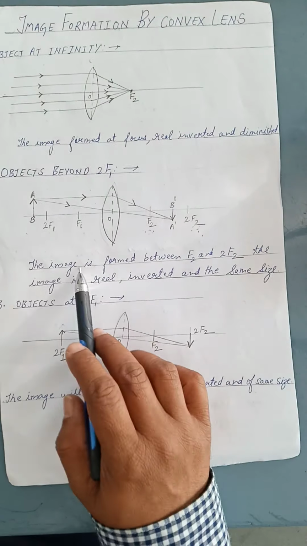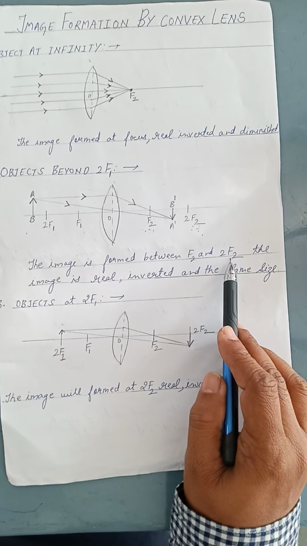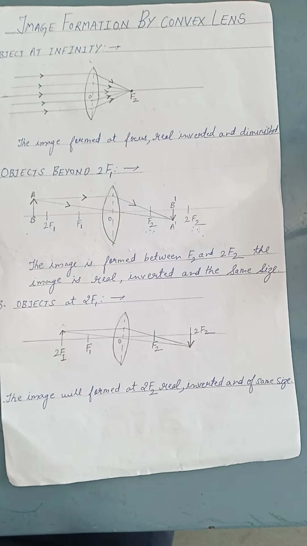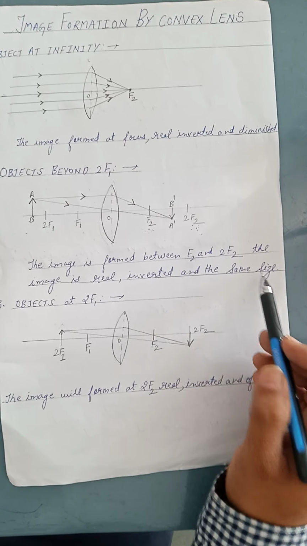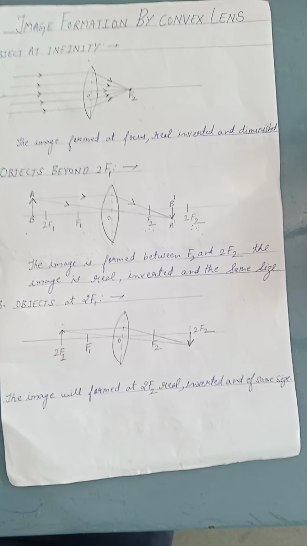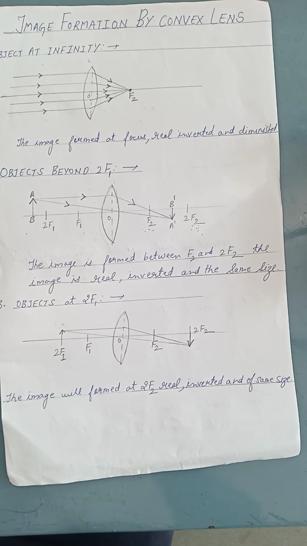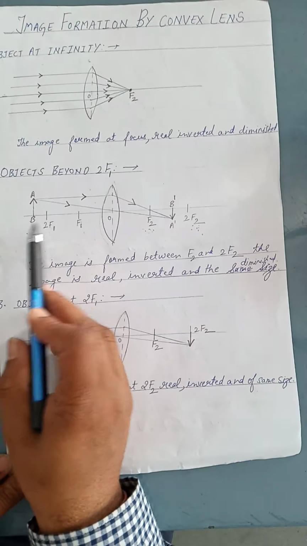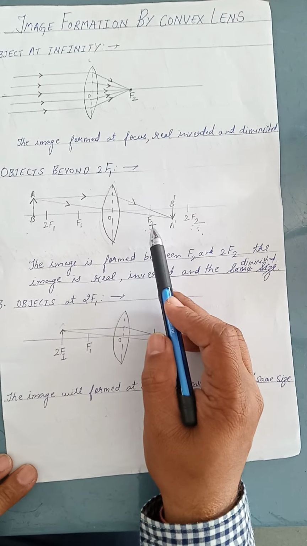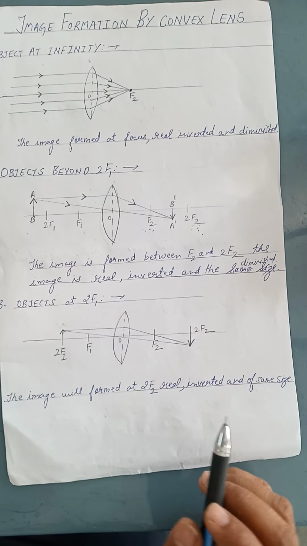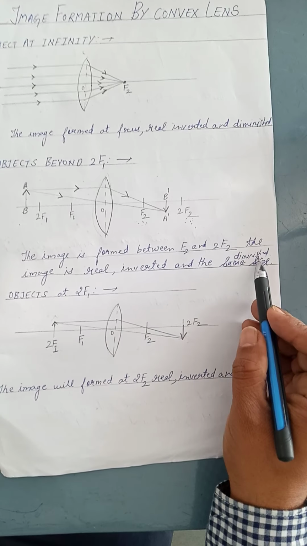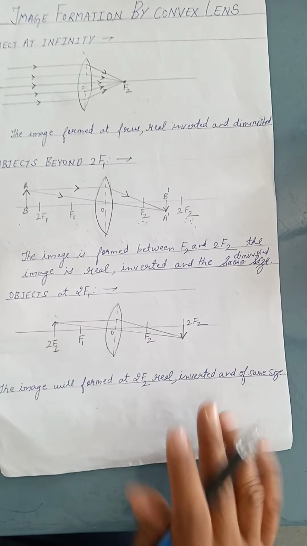So the image here is formed between f2 and 2f2, the image is real, inverted, and, just making a correction here, of diminished size.